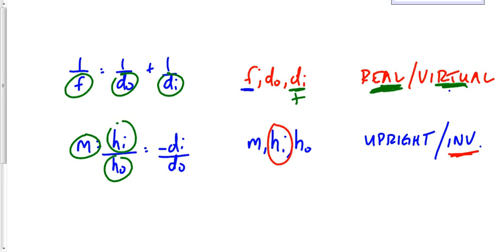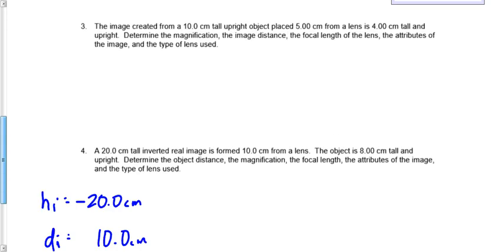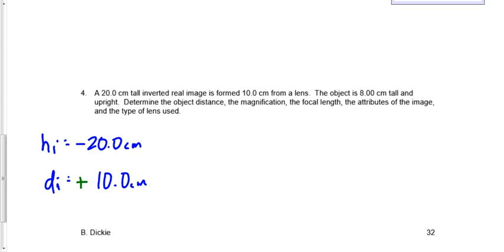F, DO, and DI go with real and virtual. A real image is a positive image distance. So we're going to make that positive. If you missed that when you were doing your homework from Tuesday, you'd get away with it. But we don't want to just get away with it. We want to do it right.